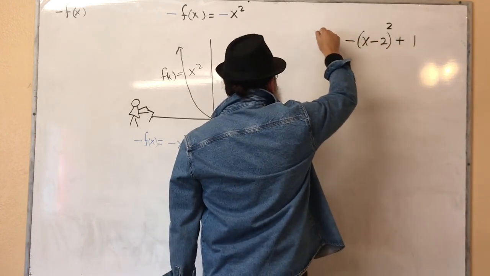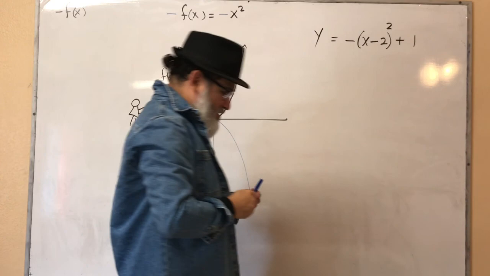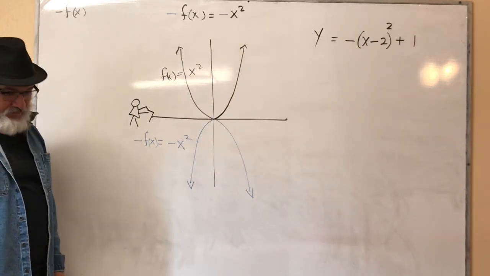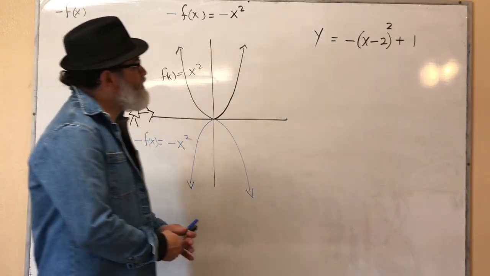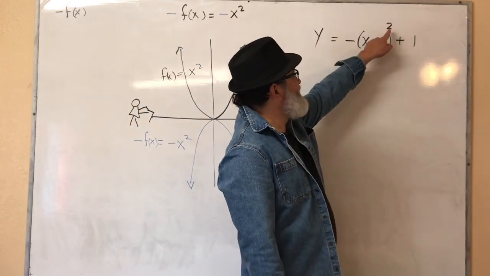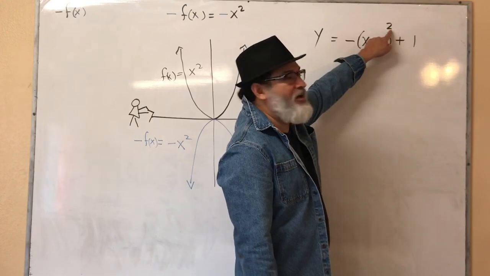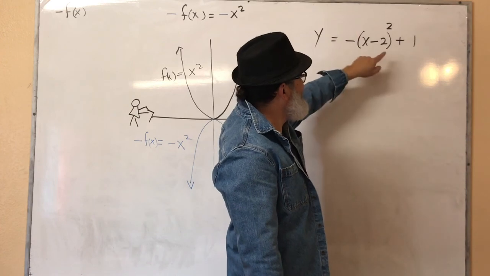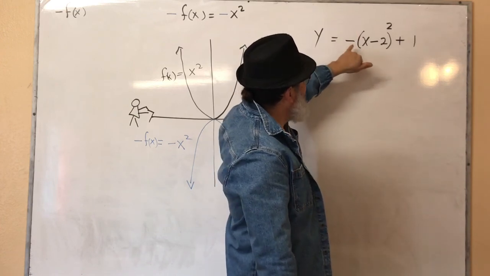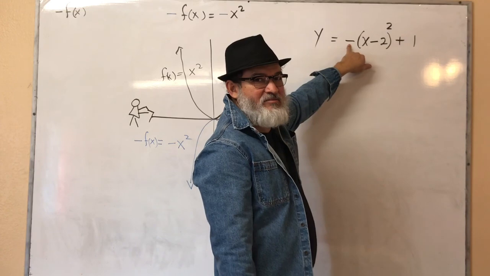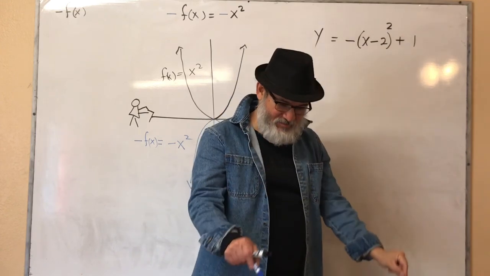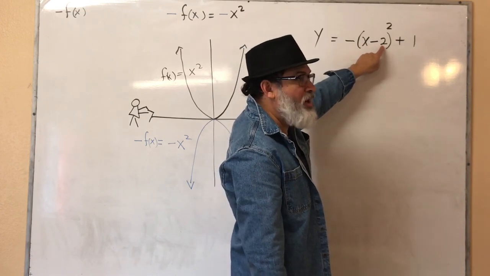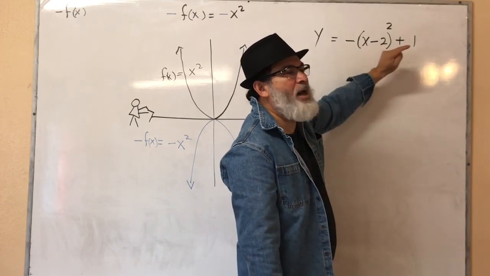You may call this y if you want to. There it is. Okay. Guys, that tells me that we have a parabola. Reflection across the x-axis, so it's going to open down. The vertex is at 2, 1.